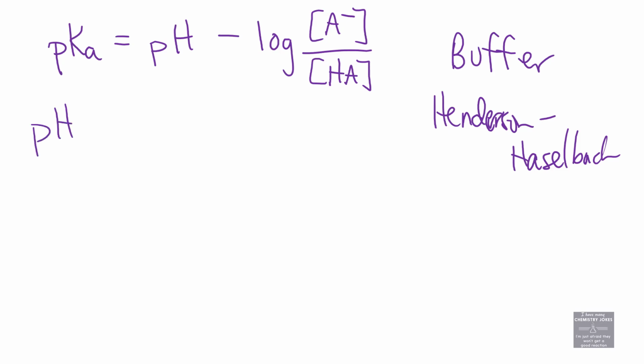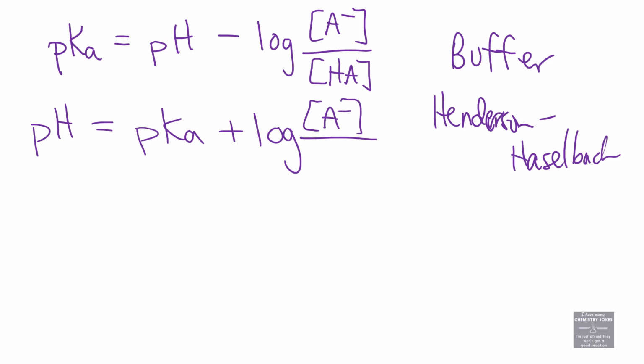It's usually written this way: pH equals pKa plus the log of A minus over HA. That's how our textbook writes it. It solves it for pH instead of pKa, so all I did was add that logarithm on the other side. That's A minus over HA, base over acid. Henderson-Hasselbalch.